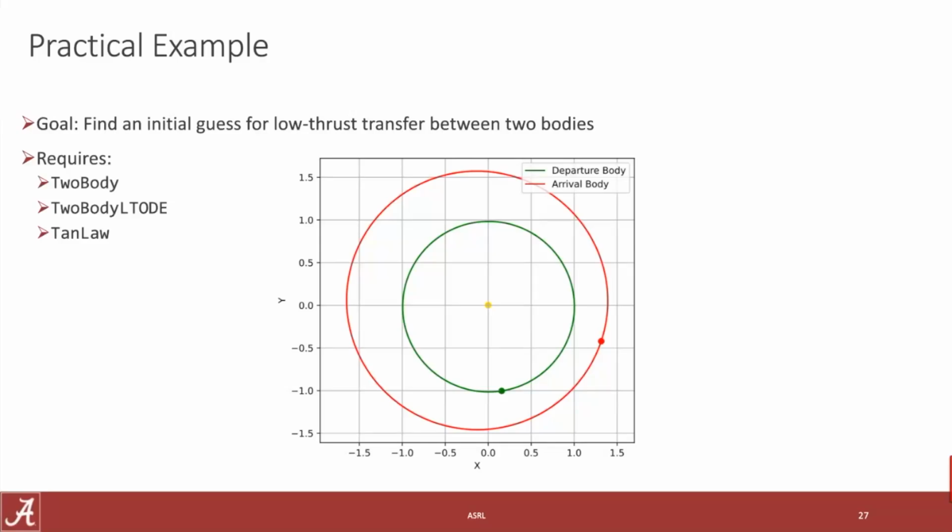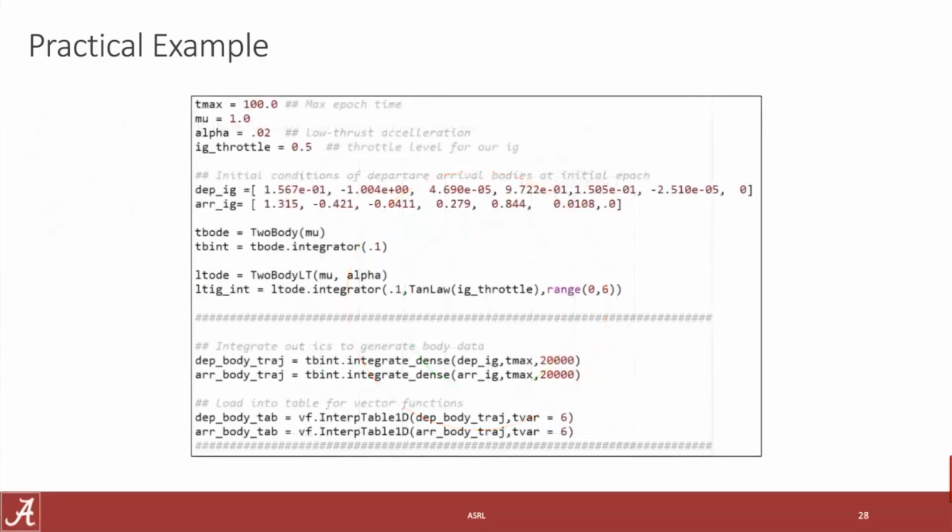So we need to start on the green planet and we're flying out to some other arrival body, which is plotted here in red. So we've got a green departure and we want to go towards the arrival body. This is going to leverage a 2-body ODE, a ballistic 2-body ODE. It's going to leverage a 2-body low thrust ODE, which we've talked on, and use tangent law steering to find a good initial guess for this kind of transfer.